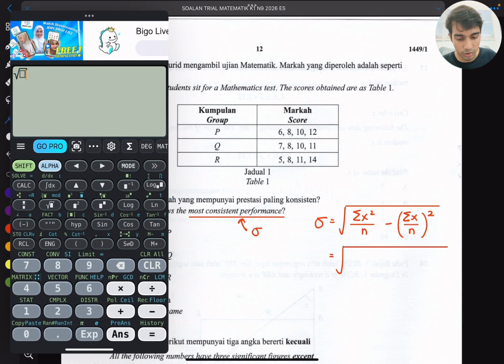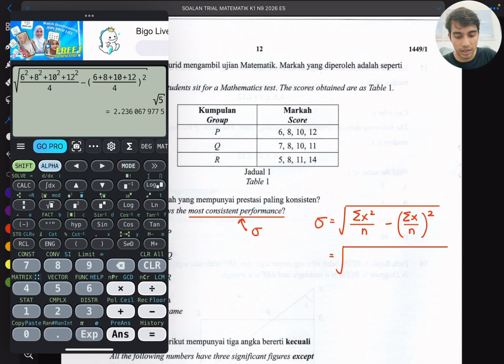So we put the square root. x square means 6 square plus 8 square plus 10 square plus 12 square, divided by n. n is the number of numbers, and we have 4 numbers here. Minus 6 plus 8 plus 10 plus 12 divided by 4. Don't forget to square this.